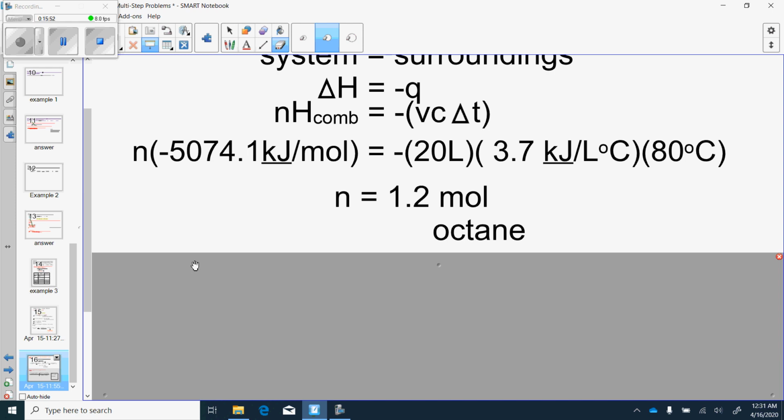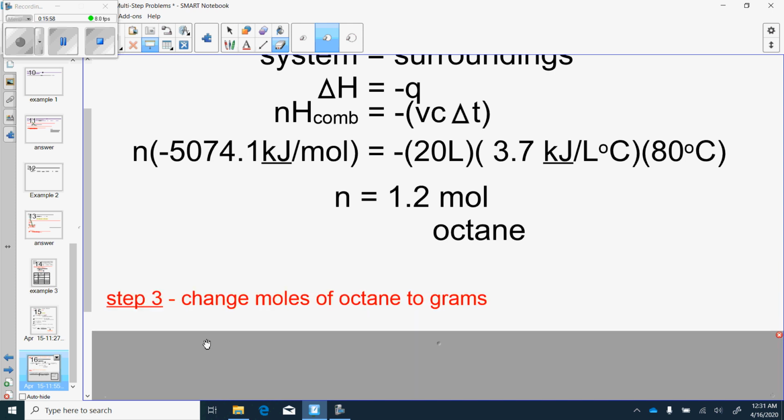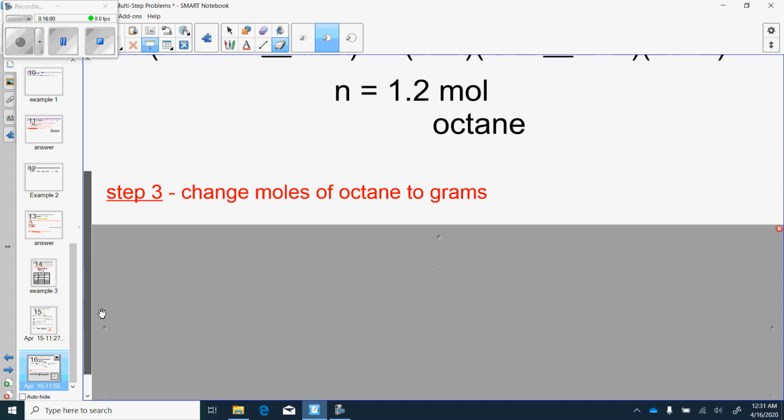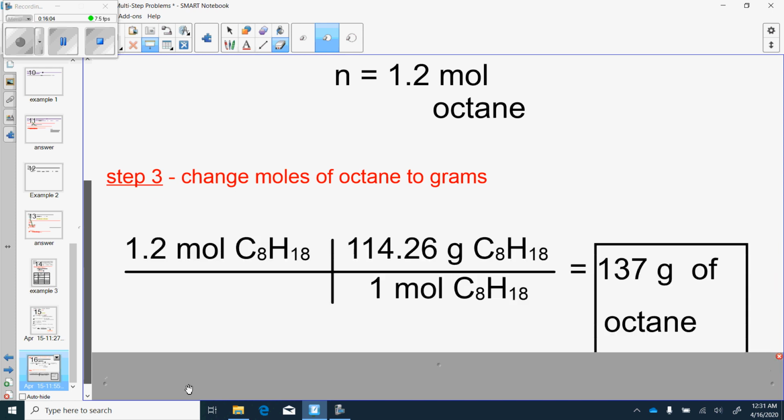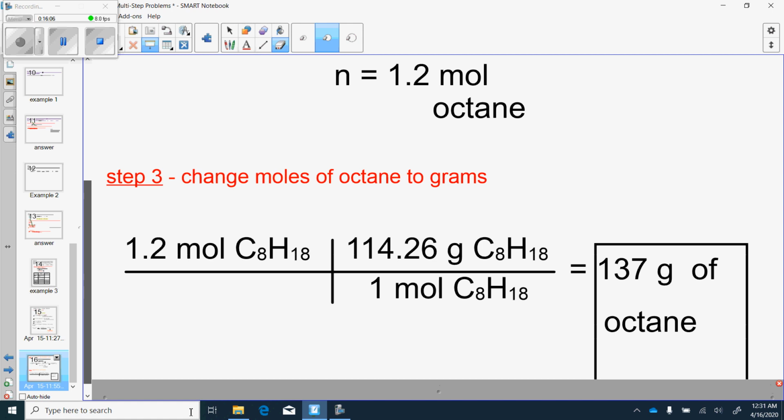So we're now going to take these moles of octane and convert them using our boxes to grams, and that's our third step. Using our boxes, we can find the grams of octane, and our calculation works out to be 137 grams of octane.